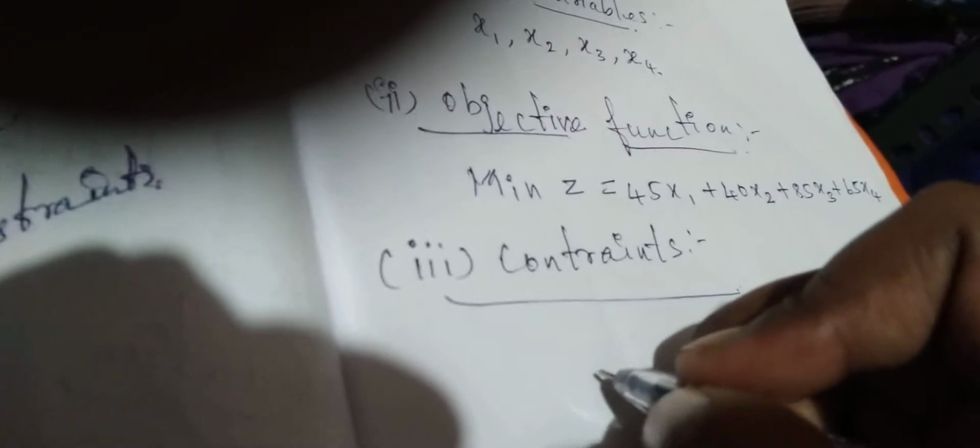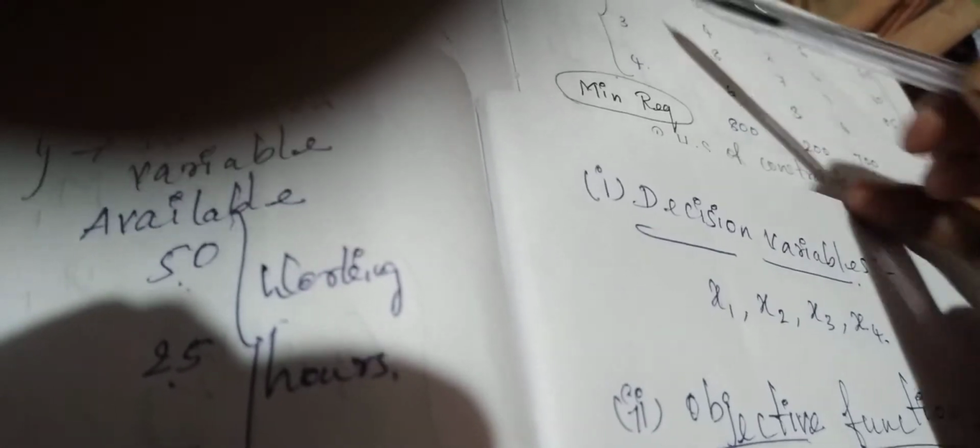The third step is we need to go for the constraint. Here you can see we need to write like this. These 4 are the variables, 3x1 plus 4x2 plus 8x3 plus 6x4.